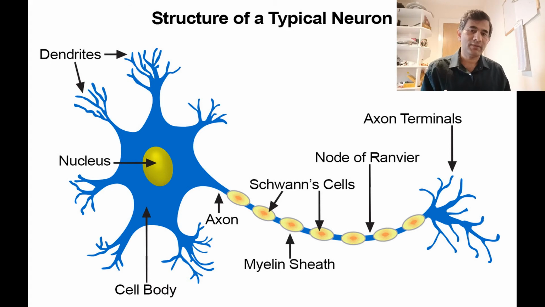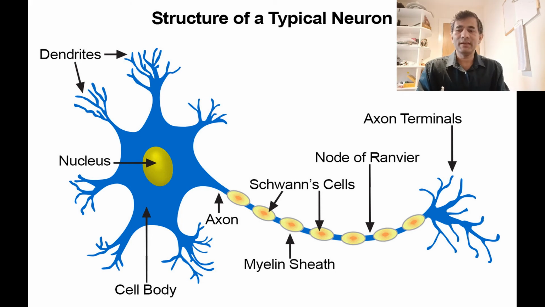Now the cells of these nerves are called as nerve cells or neurons. The neuron structure I have shown here in this diagram. You can see there is a cell body, and there is a nucleus and cytoplasm inside the cell body, and there are hair-like parts.